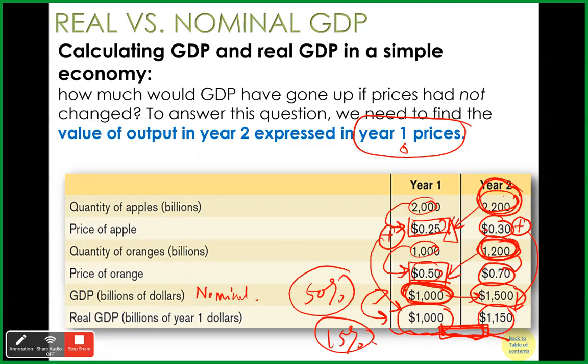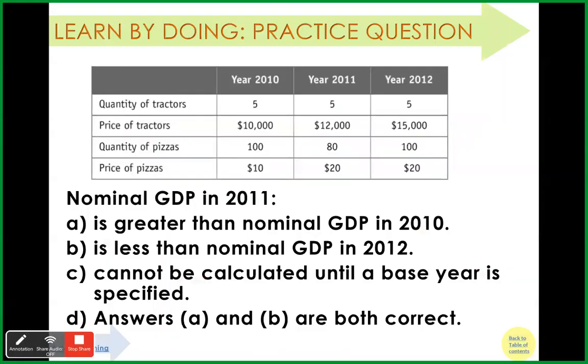We good? Okay. Now let's look at this practice question. There are several questions that use the same table, so you may want to play around with the numbers yourself.